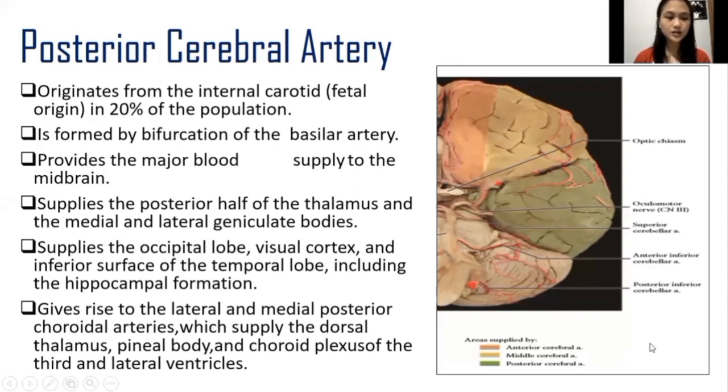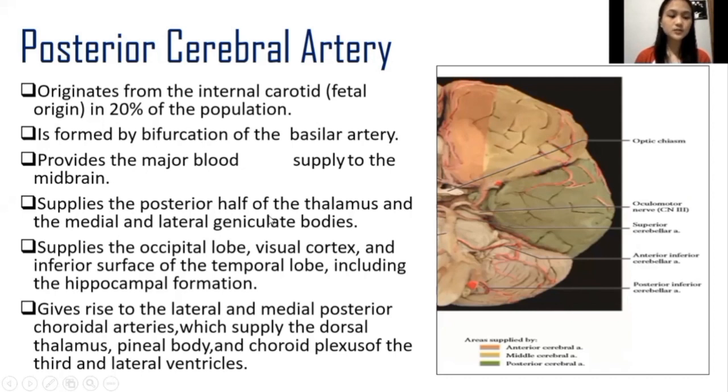The posterior cerebral artery originates from the internal carotid in a fetal origin in 20% of the population. It is formed by bifurcation of the basilar artery, and it provides the major blood supply to the midbrain.